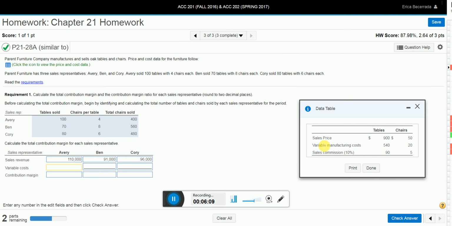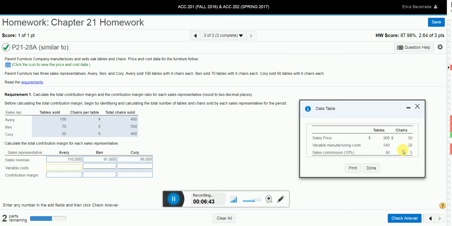To do that, we have to take the total tables sold for each sales representative, multiply that by the manufacturing cost of the tables, which is 540, and then add that total to total chairs sold multiplied by the manufacturing cost of each chair. Adding those two numbers together will give us the total variable manufacturing costs. Okay, so to do this, we're going to start off with Avery.